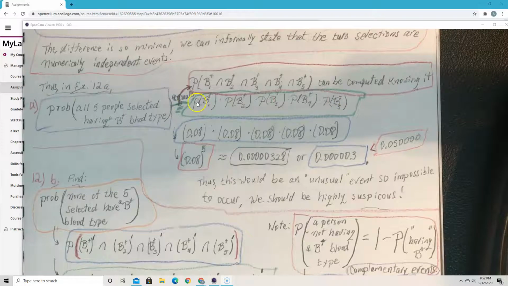So it's equal to the probability the first person has B positive times the probability the second person has B positive, and so on. But what's the probability of any one person in this country having B positive blood? It's 0.08. And so it's 0.08 multiplied 5 times, which is 0.08 to the 5th power. We can put that in our calculator.